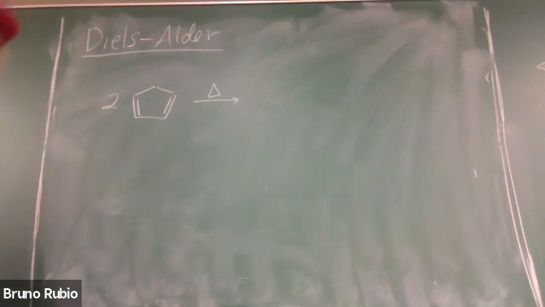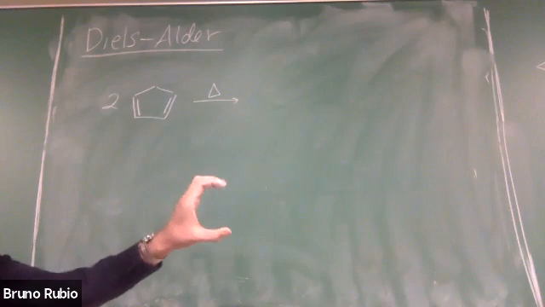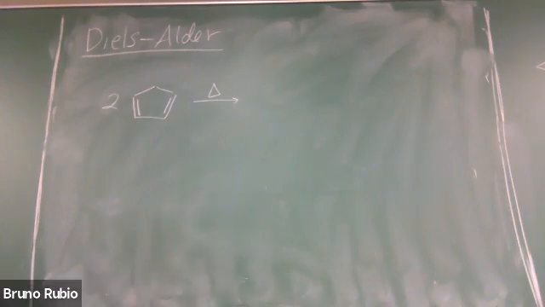So this is a self-Diels Alder reaction. I see the diene, right? The diene is trapped in that S-cis conformation, that C-looking thing, right? One of these molecules functions as the diene. The other one functions as the dienophile. Draw the structure of the product.